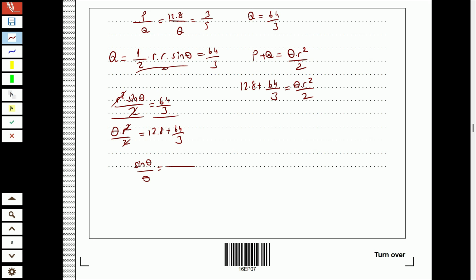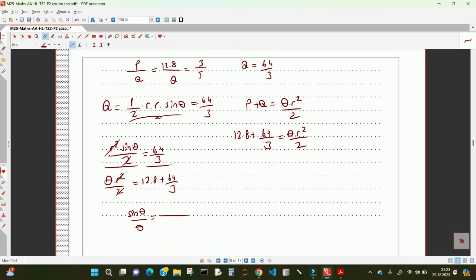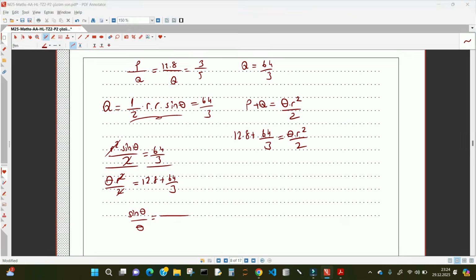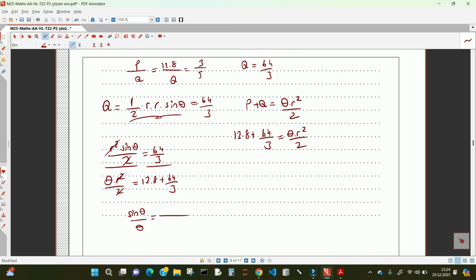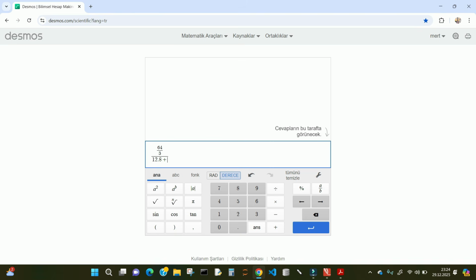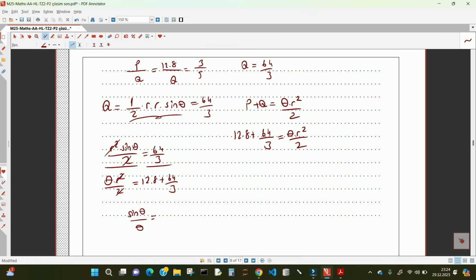So let's calculate this one, 64 over 3, and we're going to divide it by the number 12.8. It's going to be 0.625.